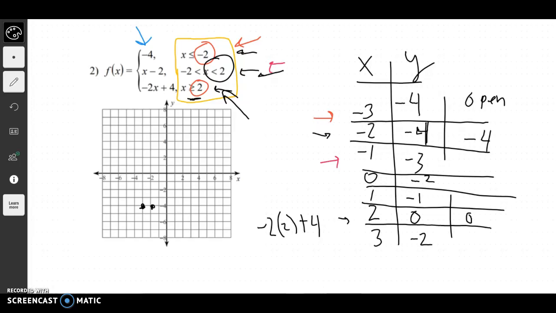Okay, then we go here, and here, and then here, and then here, and again, that's my open dot, so I don't have to worry. If your open dot is the same number as this one, you don't have to put an open dot, which is kind of nice. And then 3, -2.